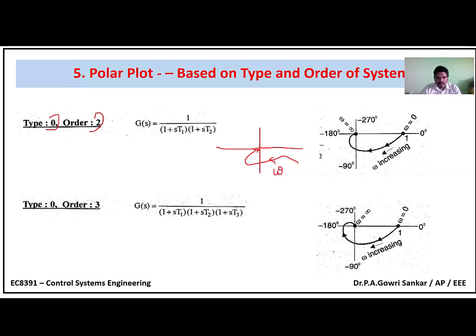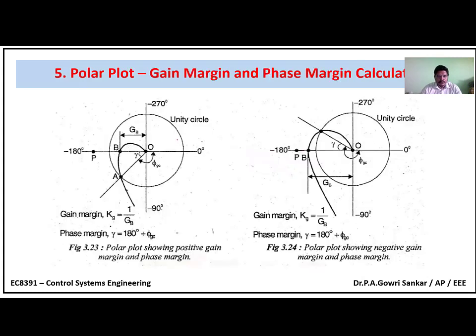Whenever frequency increases, it starts here and the curve keeps moving and ends here. Basically this type of problem will be asked in your 2 mark question. Now we are going to see one big problem on polar plot.